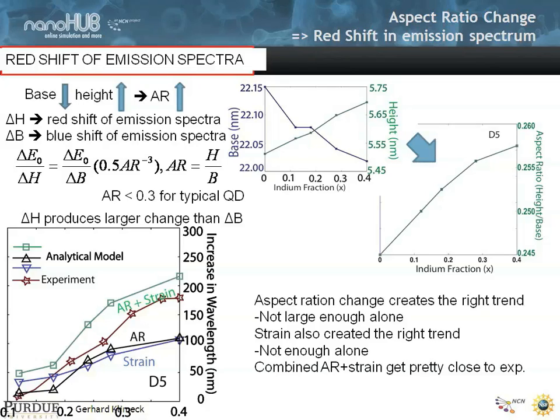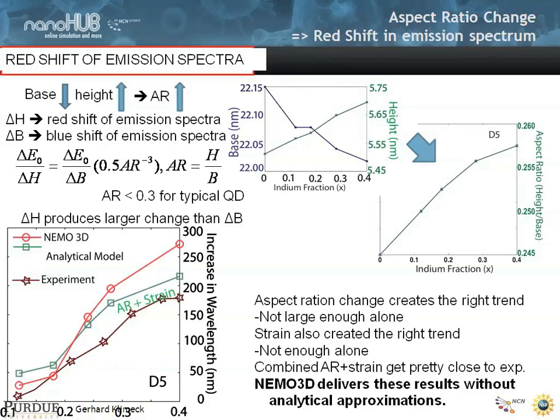But let me overlap, so we can forget about the individual results, and now we have the experiment and this analytical result, and we can overlay the NEMO result that comes out of the box. So we roughly agree very nicely, I would say, with the experiment. And we also now understand why we agree with the experiment.